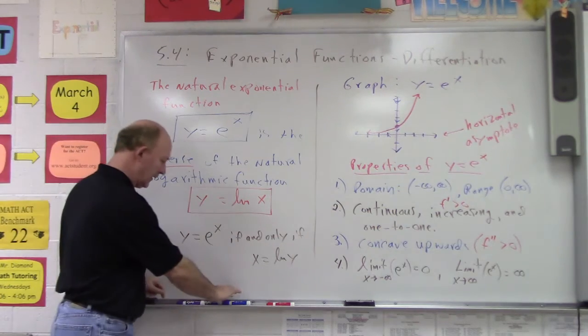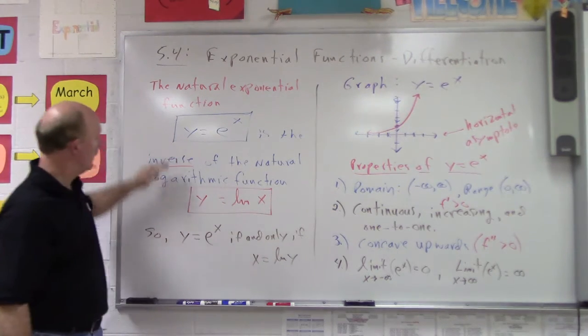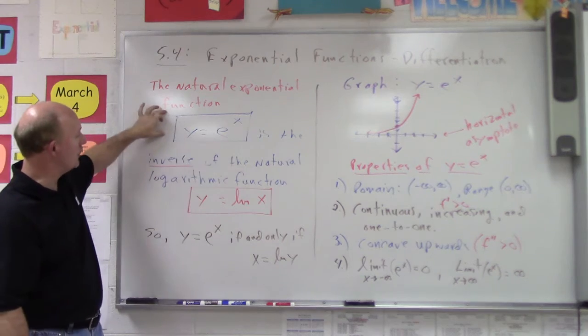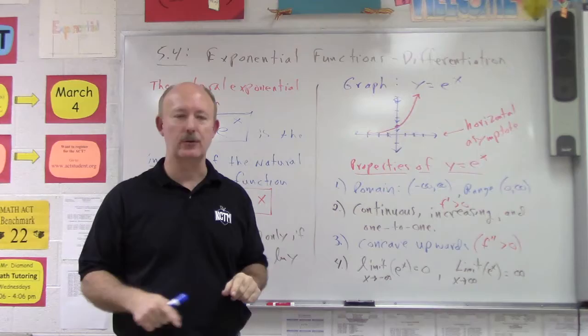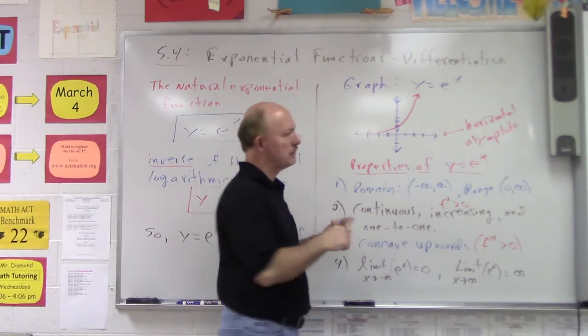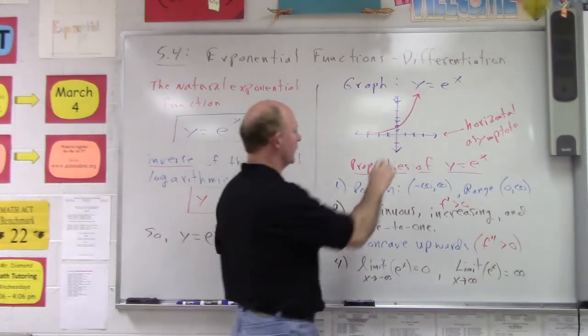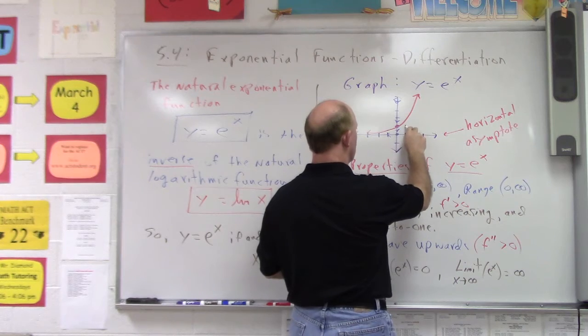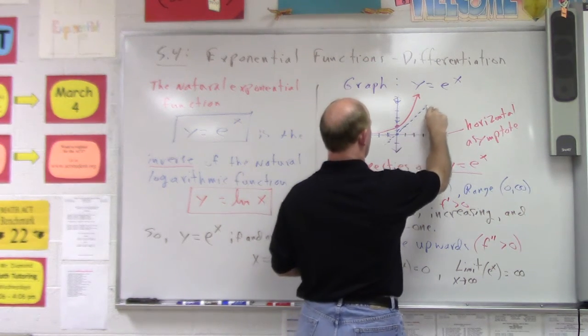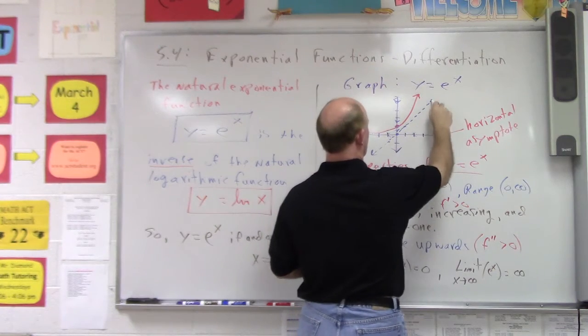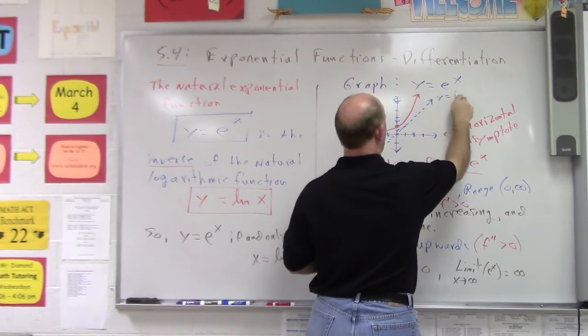Now let's take a look at the graph of y equals natural log x. The natural exponential function y equals e to the x and the natural logarithmic function are inverses. So the graphs will be symmetric with respect to the line y equals x. Here is the graph of y equals x.